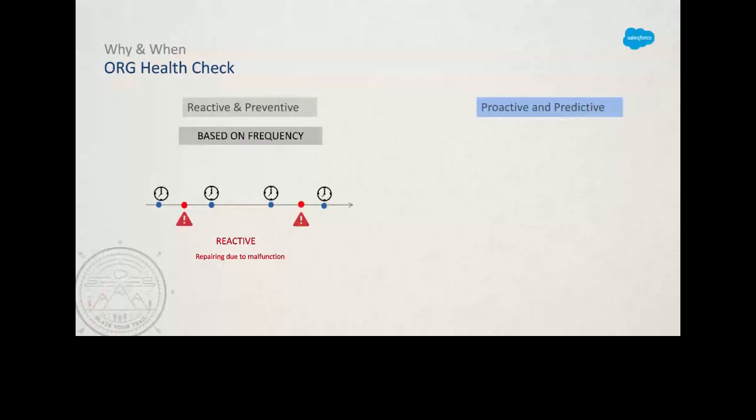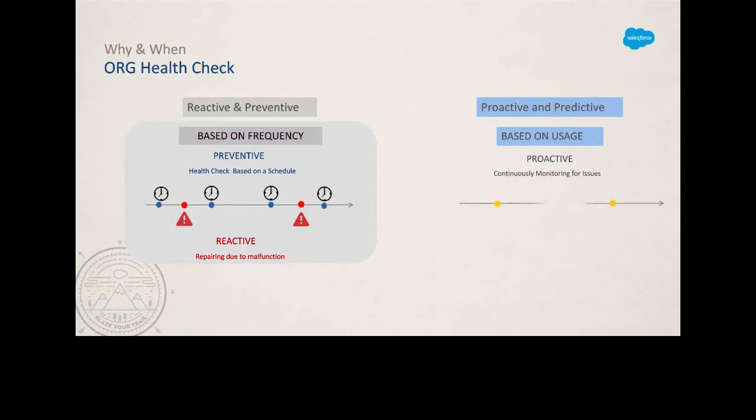And proactive and predictive is based on the users, and it is a kind of continuous monitoring, where we create some automated tool, or more easily, from the admin level it can be done by creating notifications.